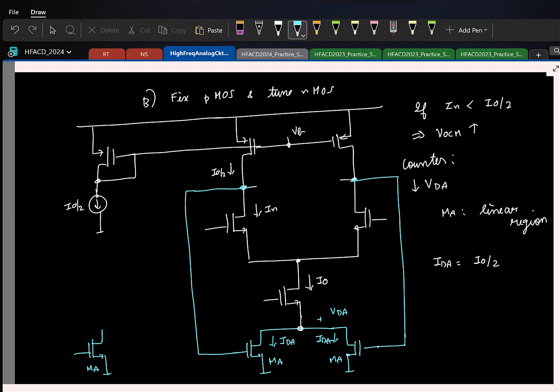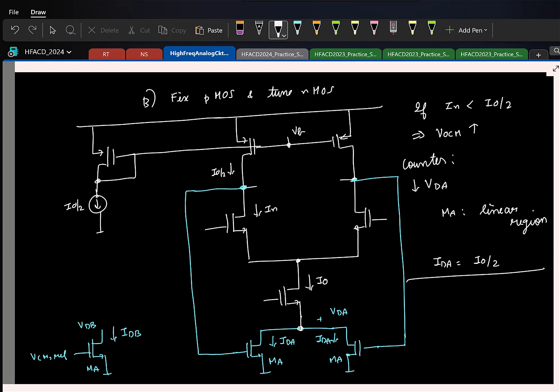So let us say I somehow make sure that the current in this transistor and this transistor are the same, and I apply the required reference common mode to this transistor, and I somehow copy the same drain voltage here. Let us say the drain voltage is VDB.